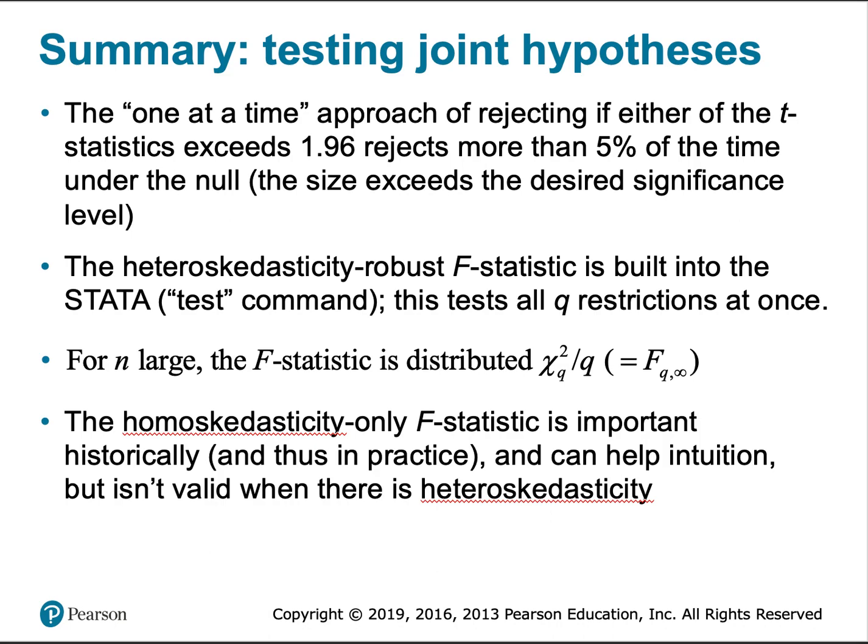The homoscedasticity-only F-statistic is important historically, thus in practice, and can help intuition, but will not be valid where there is heteroscedasticity. You will end up with a larger F-statistic than is true, right? And that's what we saw with the example with the test score data. And this sums up our discussion on the F-statistic.